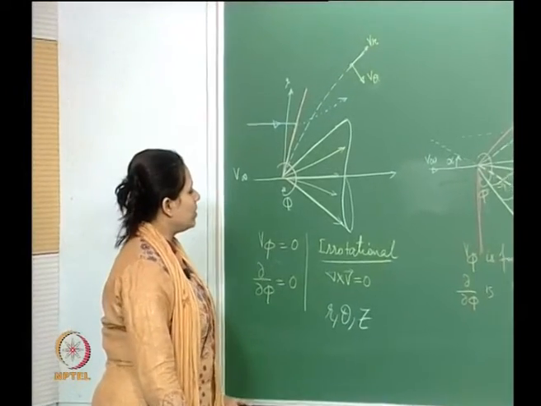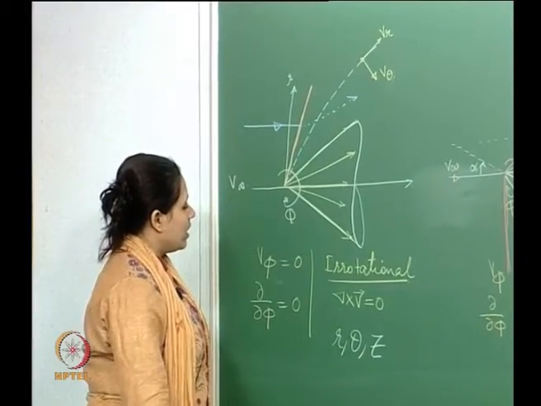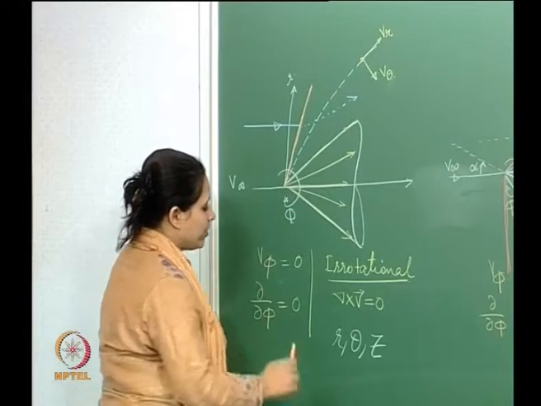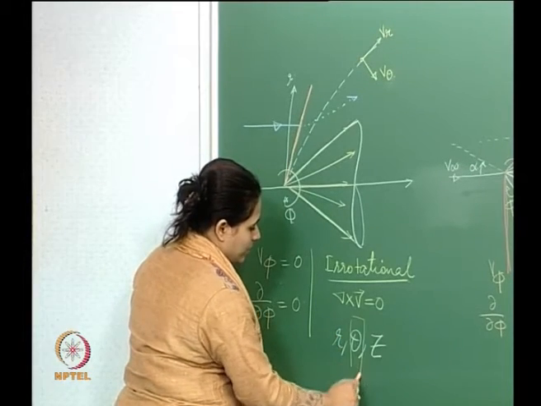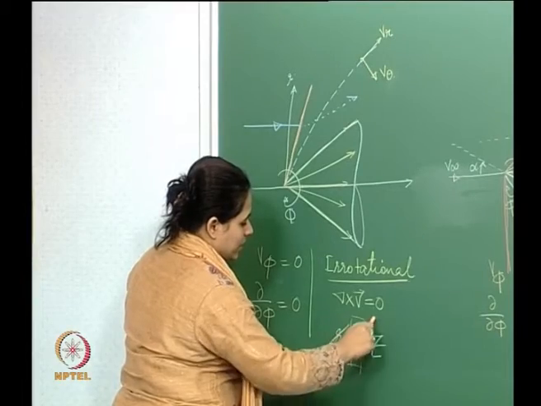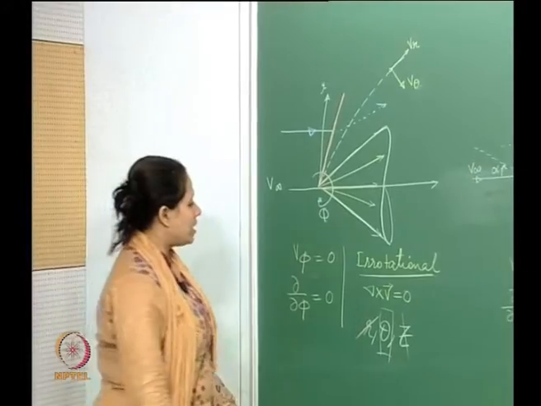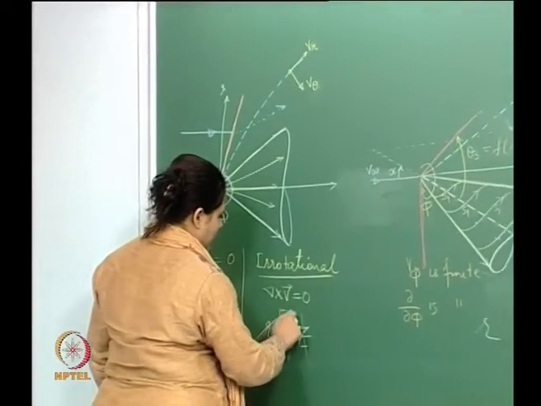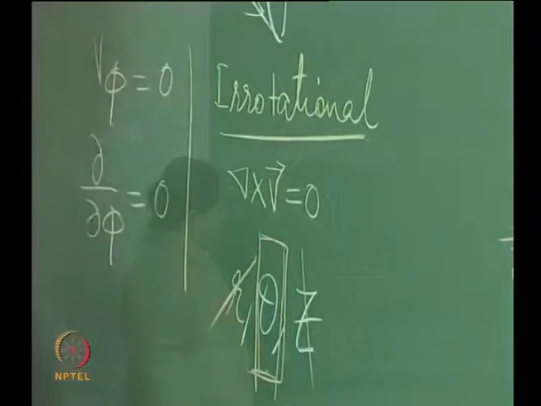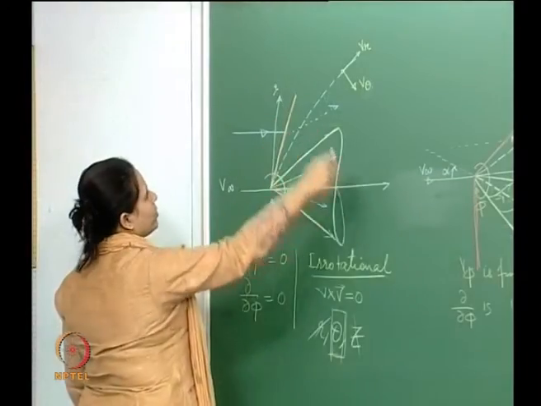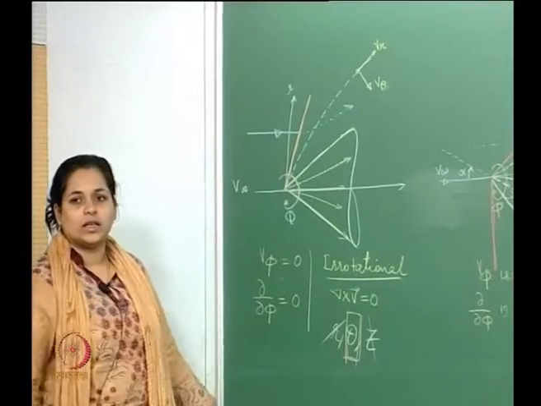Now, if you look here for the irrotational case, the only dependent variable here is del theta. These cancel out, we do not need that. So, we basically have one dependent variable, and then we will have basically two components, V r and V theta.